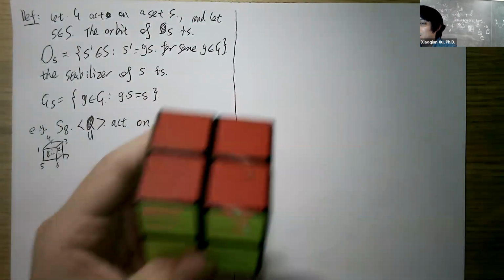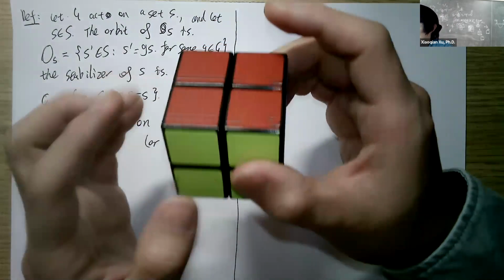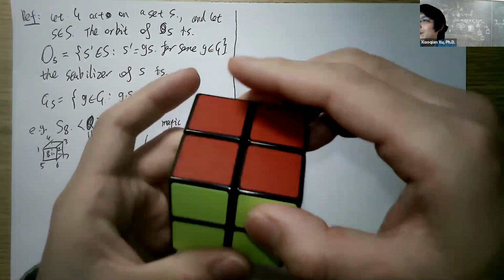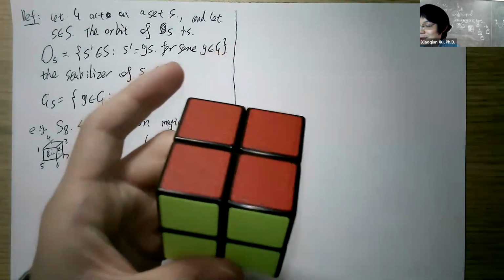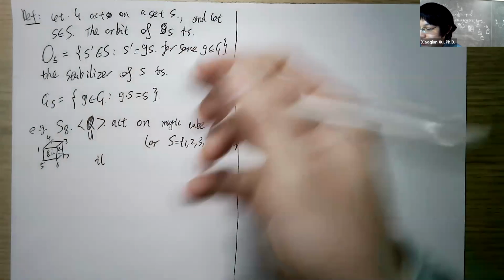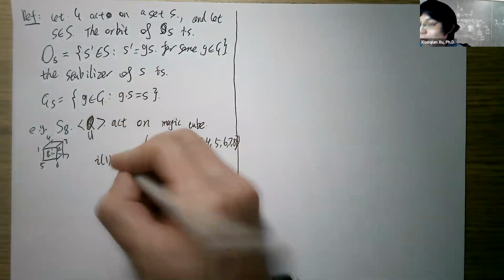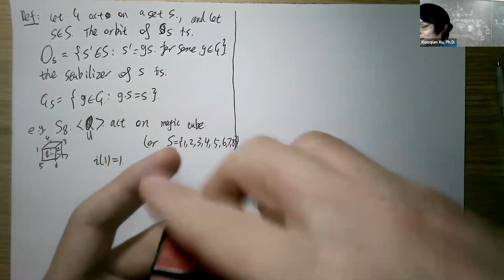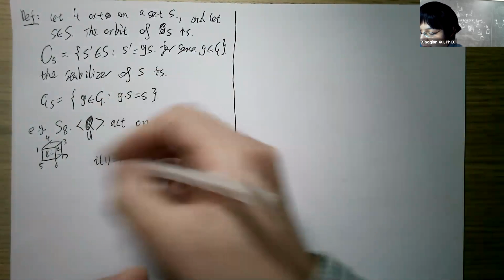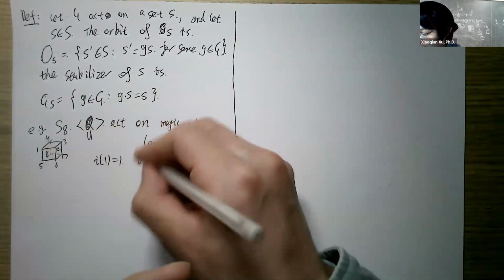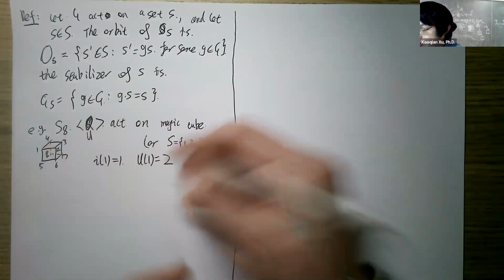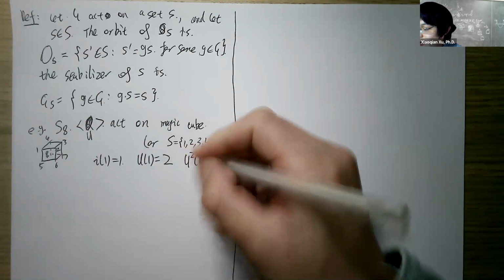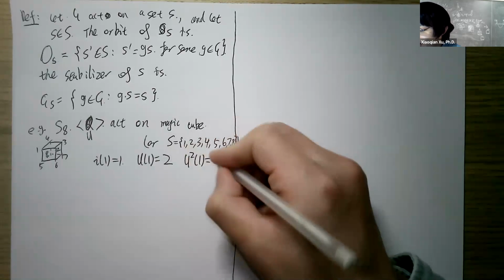Then we can see what the orbit of, for instance, point 1 is. The orbit of point 1: you can do nothing, the identity acting on point 1 gives 1. Or you can rotate it once, which maps 1 to 2. Or you can rotate it twice, which maps 1 to 2 and then 2 to 3.